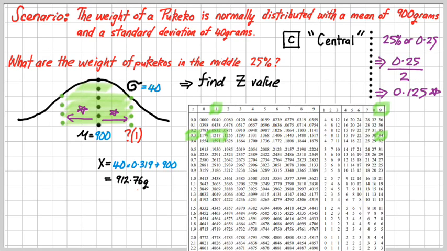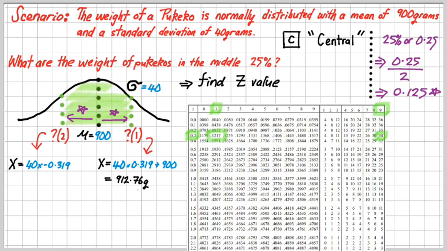But we're not done yet, because if we are considering the central case, we need to think about the value to the left-hand side of the mean as well. So that's number 2. Remember, when we're looking at a Z value which is to the left of the mean, it has to be a negative number.